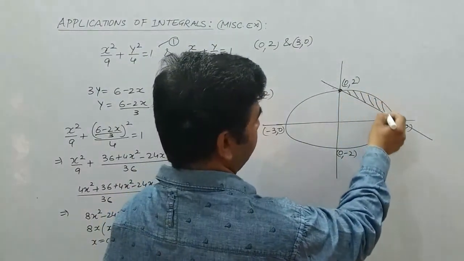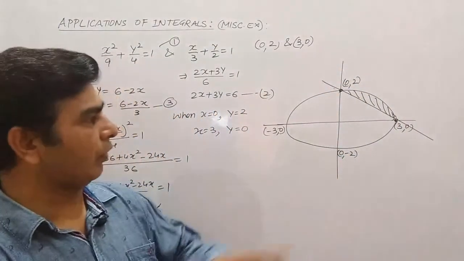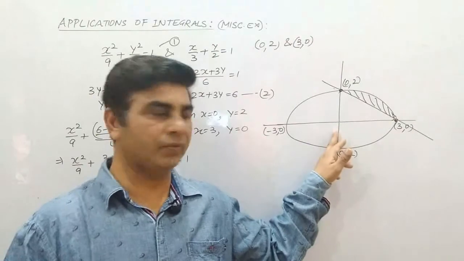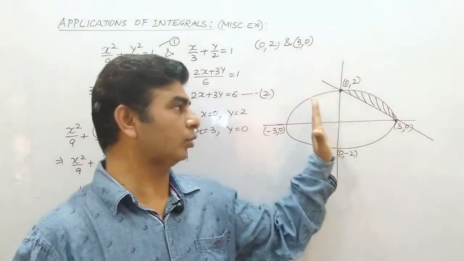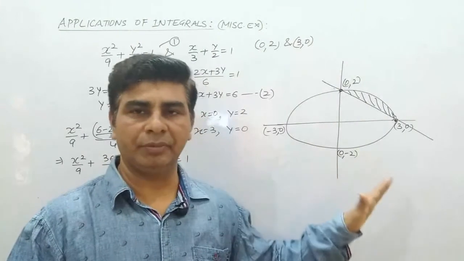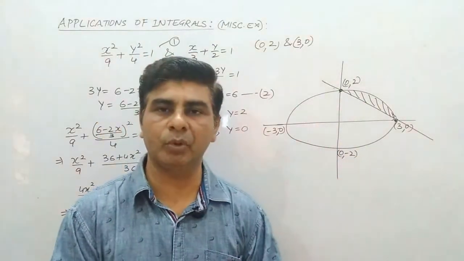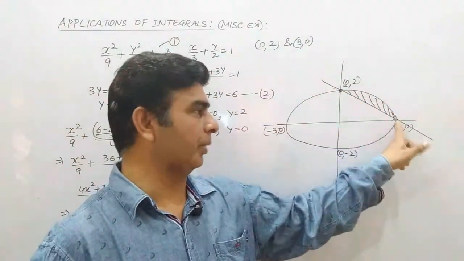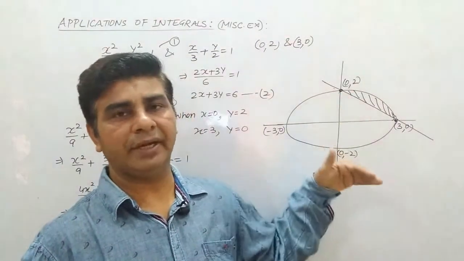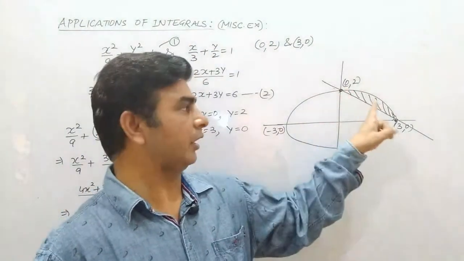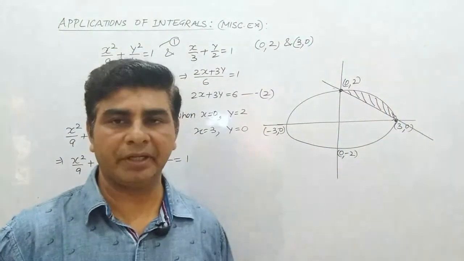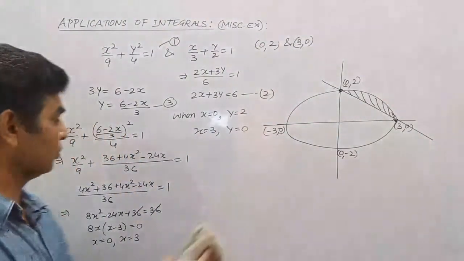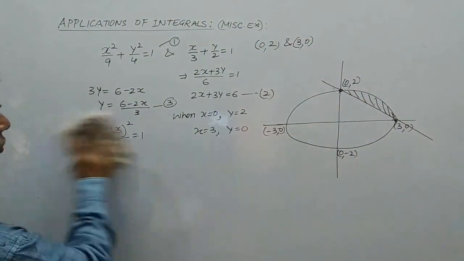Dear students, you can see the lower limit is 0, the bounded region starts at 0 and ends at the point 3, and the lower and upper limits are the same for both the curve and the line, but one curve is above and the other is below. So you can find the net area by subtracting the lower curve from the upper curve by taking the limit from 0 to 3, and this will be the required area. So let me complete this question by taking the limit from 0 to 3.